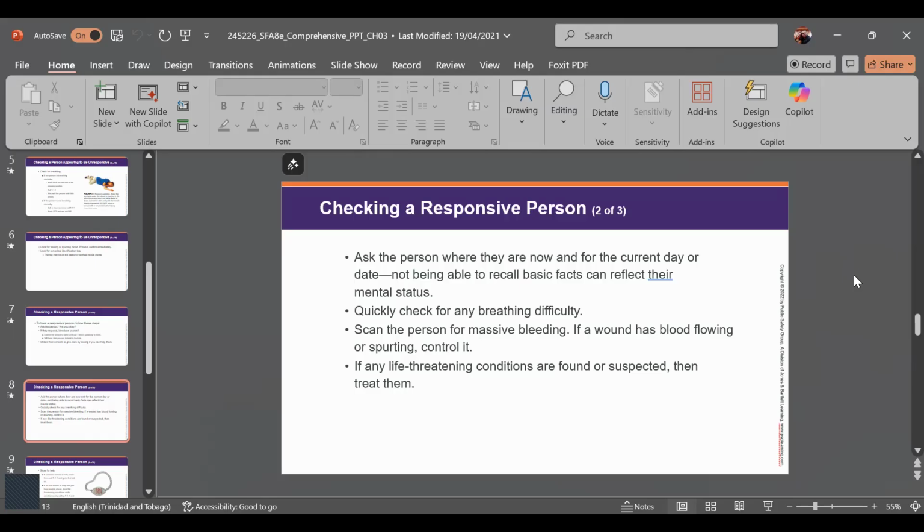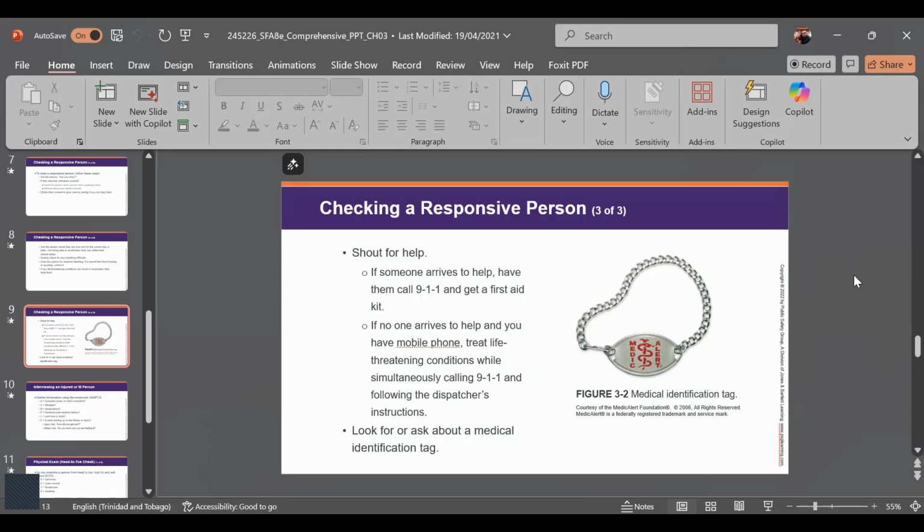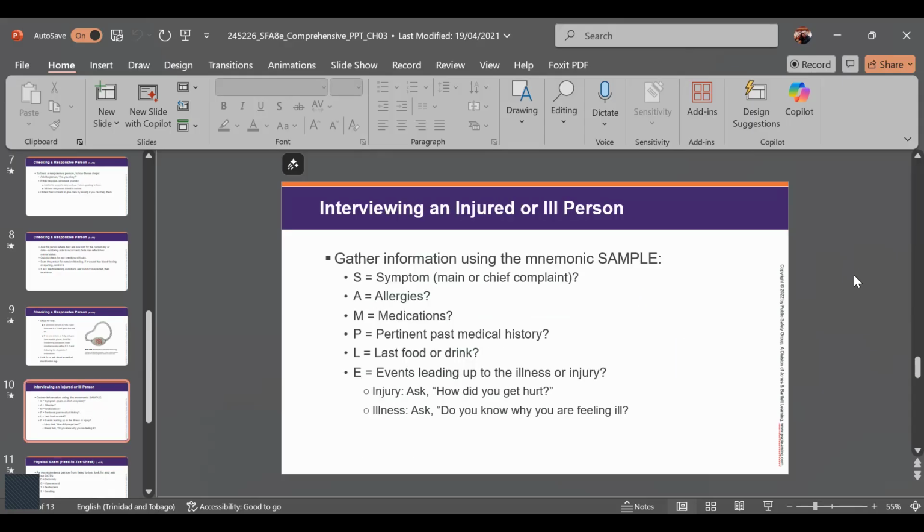We're talking about the major bleed where an artery or a vein has been ruptured or it's a large laceration and is bleeding heavily or profusely. These are the things that we're looking at that can be life-threatening. Okay? Same thing, we look for the medical tag. We should have called the ambulance, have the ambulance on the way. Okay?